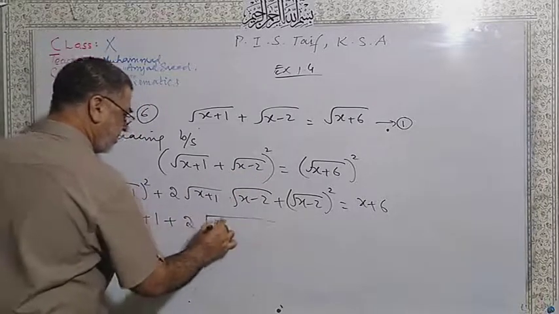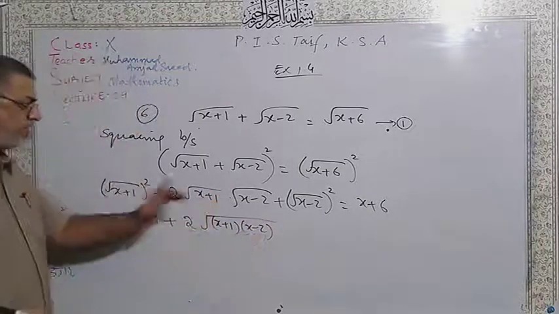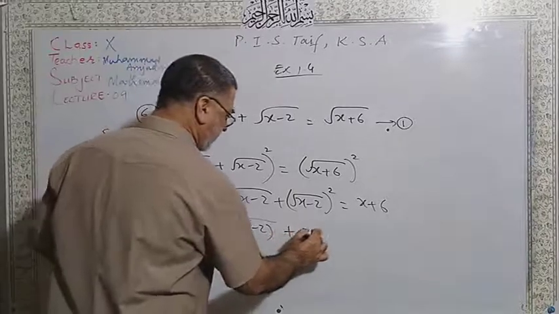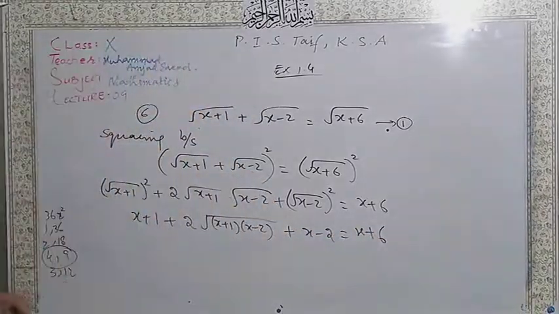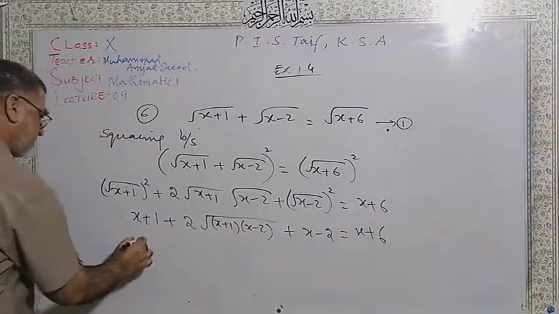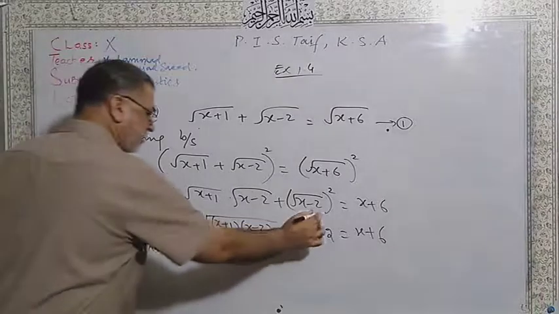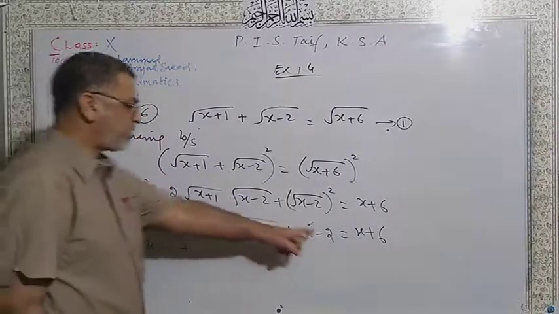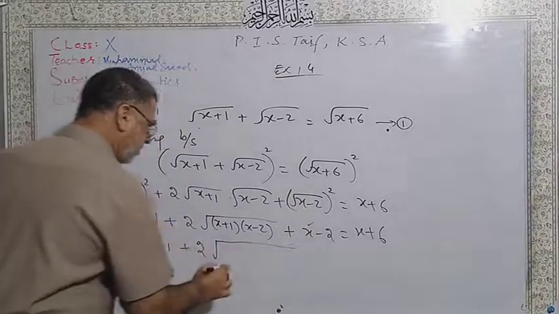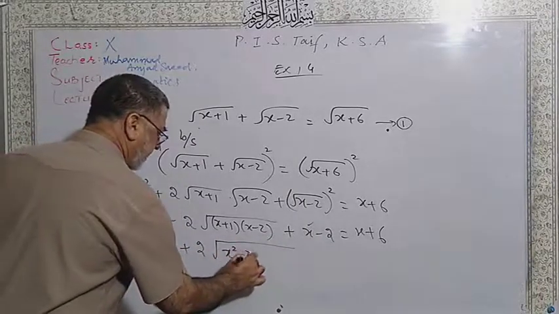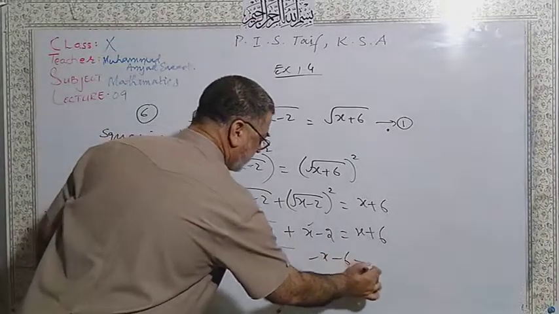2 into √(x+1) into √(x−2). In case of multiplication, you can write it in a single radical sign. Here you will have 2x minus 1 plus 2√(x² − 2x + x − 2) minus x minus 6 is equal to 0.